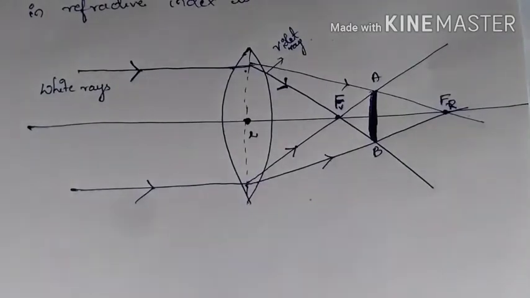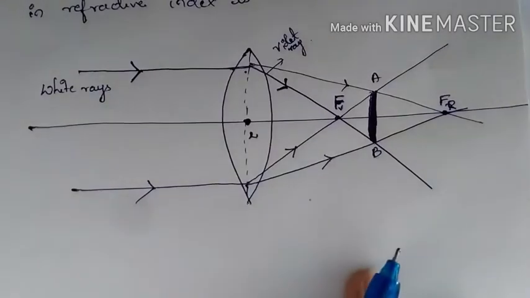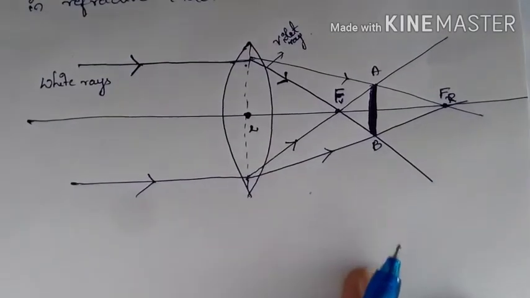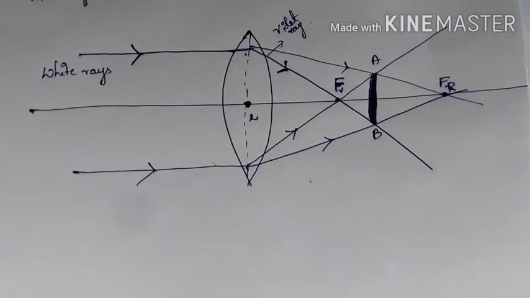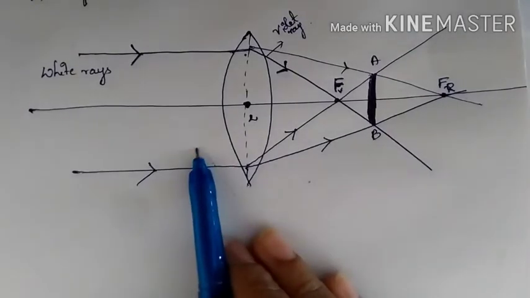So now this is true for light rays which are coming from an infinite distance, or a point object which is at a finite distance. So this defect in a lens due to variation in the refractive index with the color is called chromatic aberration. So what is chromatic aberration?